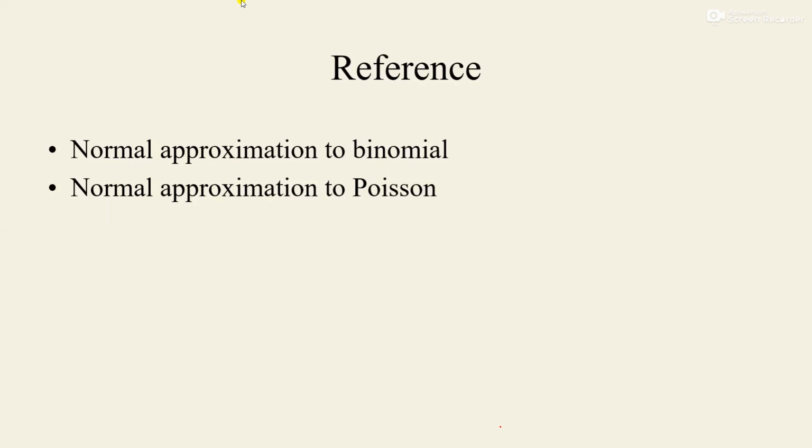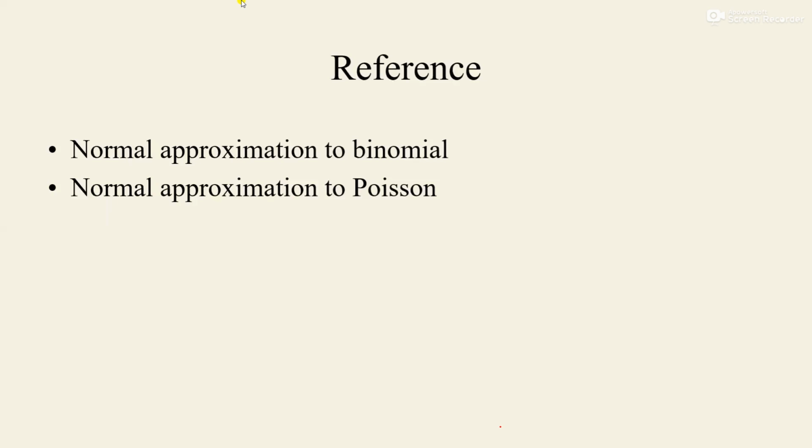Even in the uploaded notes, you can get the idea, right? And also you will be able to calculate the normal approximated probability for the binomial distribution. Similarly, you will be able to calculate the normal approximated probabilities for the Poisson distribution. These two things I am leaving as references, right?